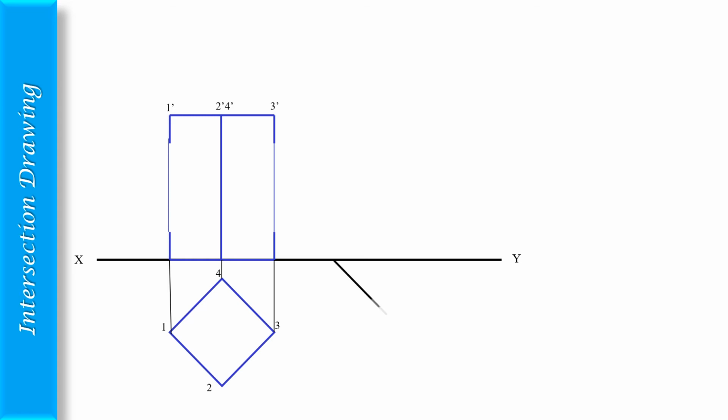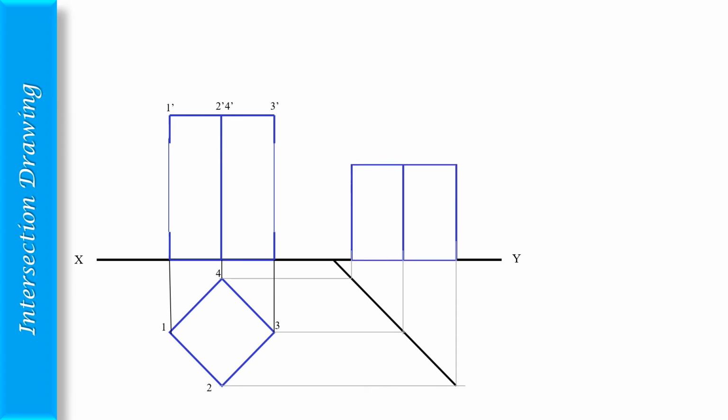This is the 45 degree angle, and then straight lines from the top view are brought up to the side view, and we start to draw the side view of the square prism.